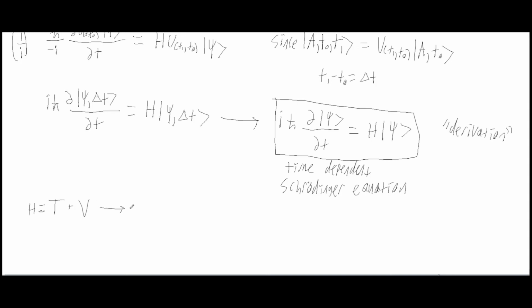What we will see in future videos is that this is going to be h bar squared over 2m multiplied by the second derivative with respect to position, so not time but position, and then plus our potential energy here, which will be a function of position and time.